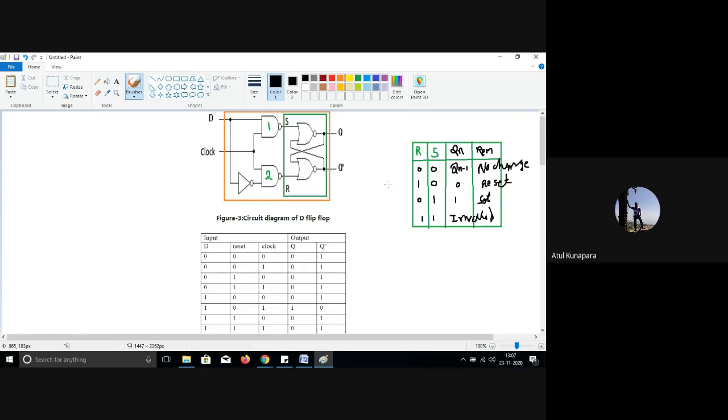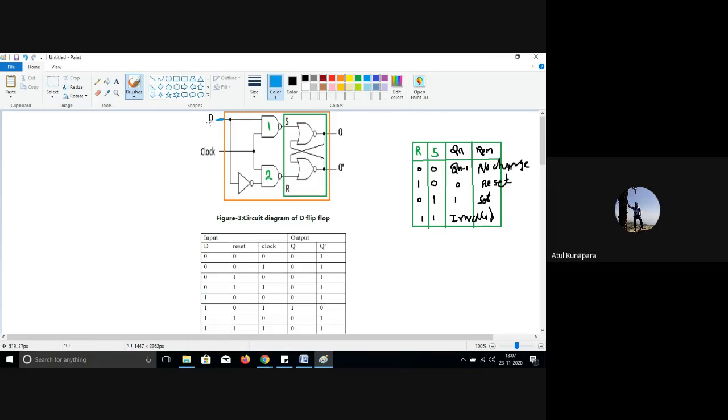Now, this RS latch we are converting to a D flip-flop. So what do you mean by D flip-flop? Here the D flip-flop is considering only one input, and that is called the data input. D stands for data.